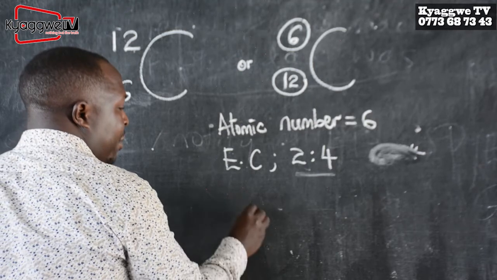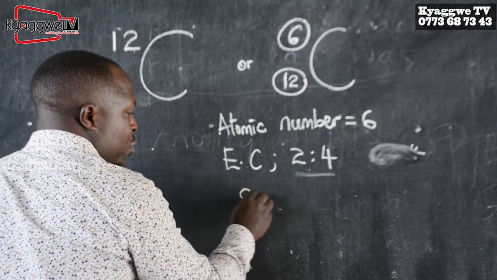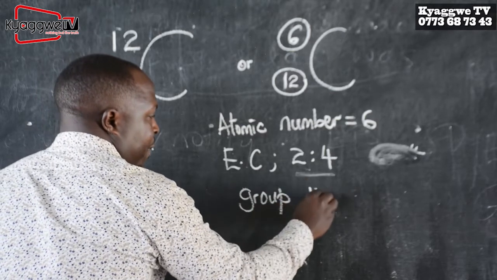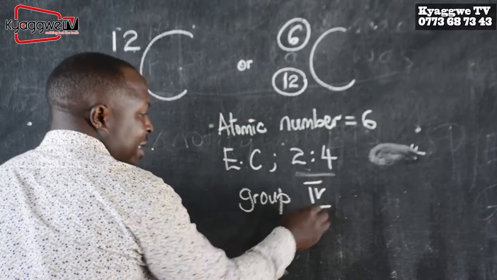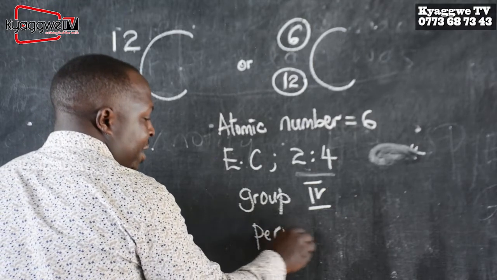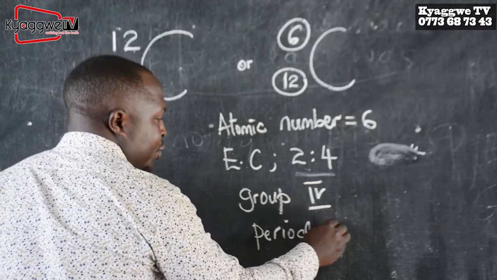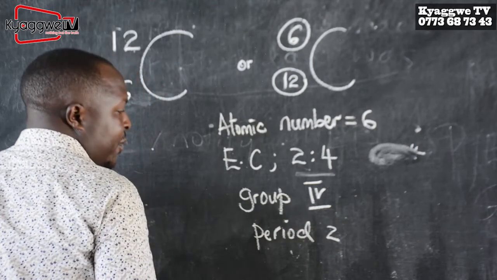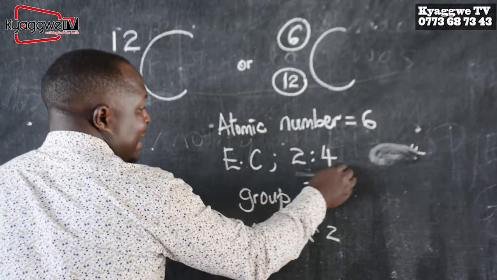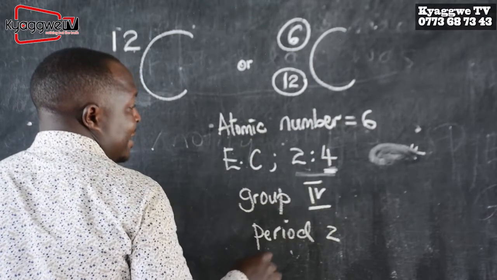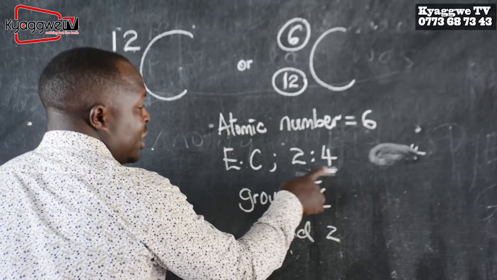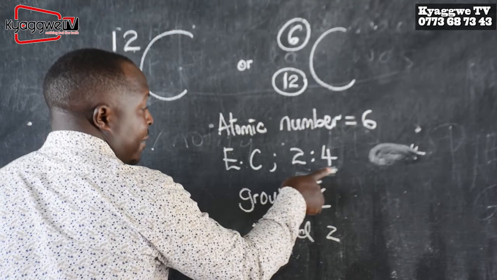Therefore, carbon belongs to group 4 of the periodic table, and period 2. When we write the electronic configuration, the last digit, or the number of electrons in the outermost shell, here there are 4.